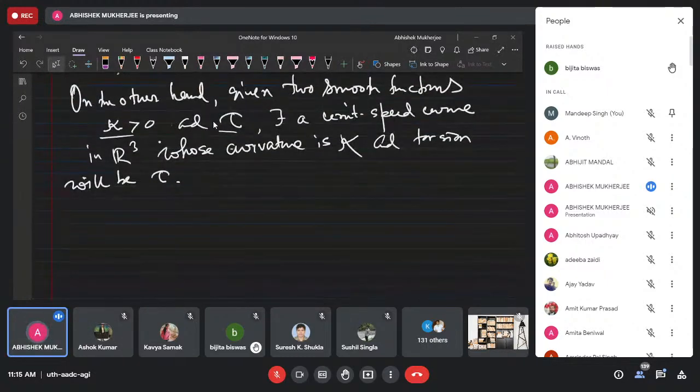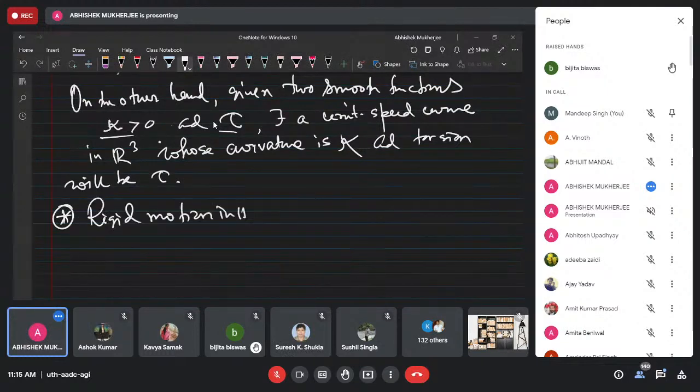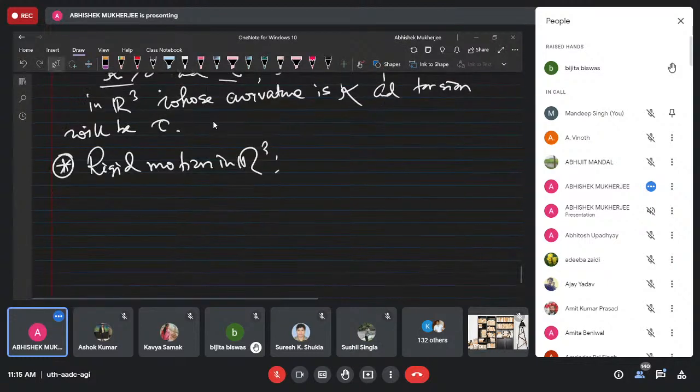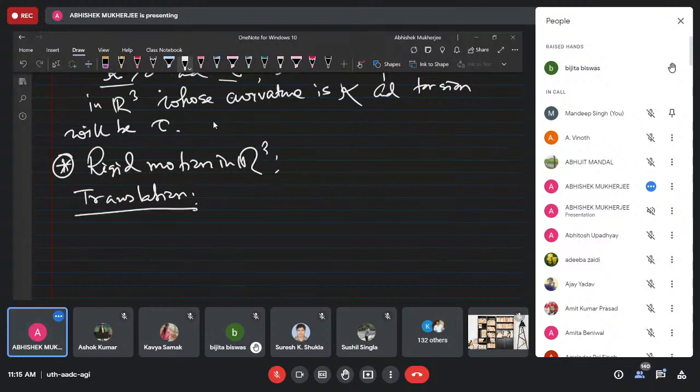Okay, so before proving this theorem, we need to define briefly what it means by a rigid motion. First of all, we will define translation by vector a. Translation means a map.